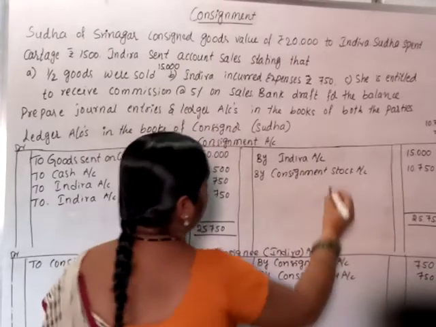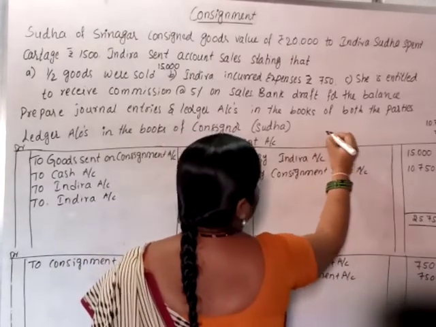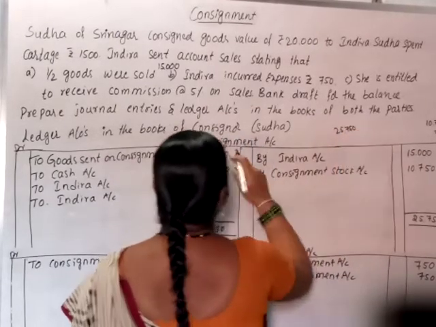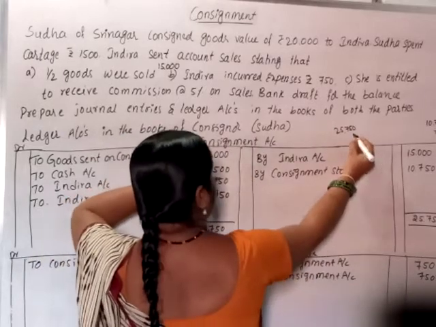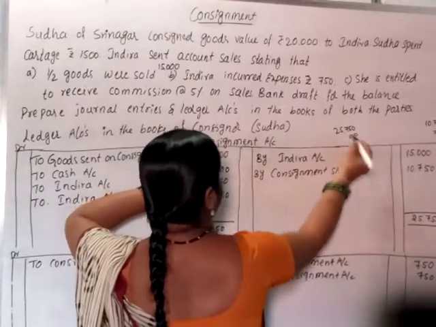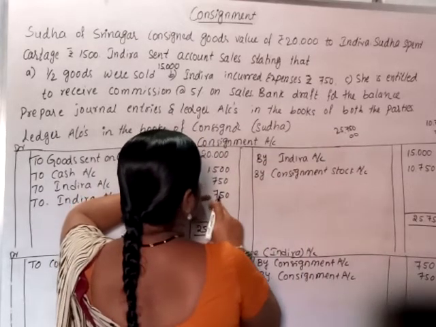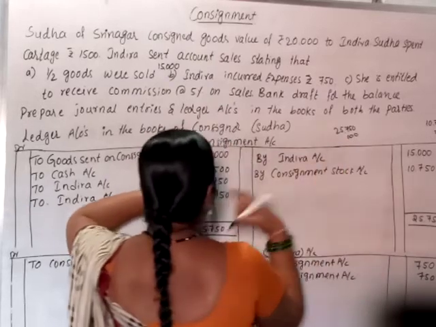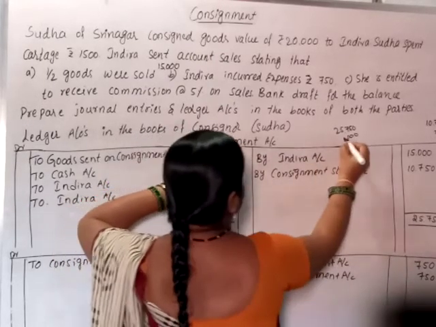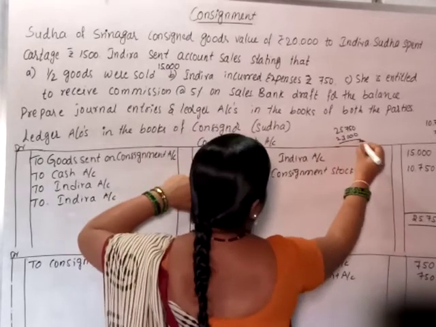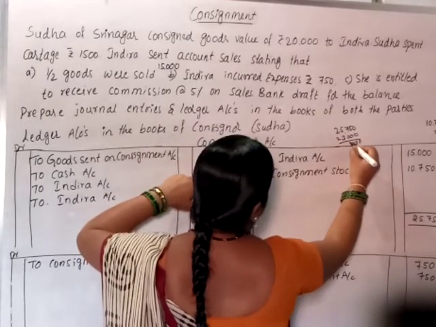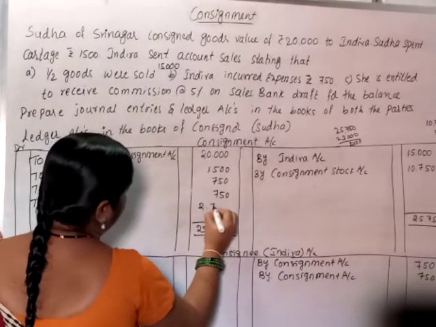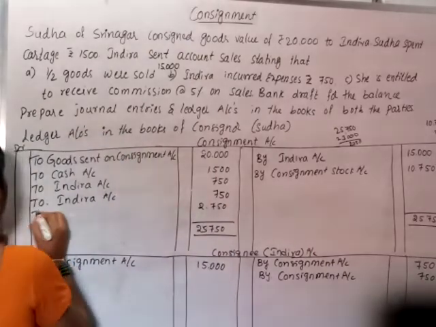So I am calculating here roughly. 25,750 minus this debit side total. So what is the balance amount here? 2,750. This is your profit only.